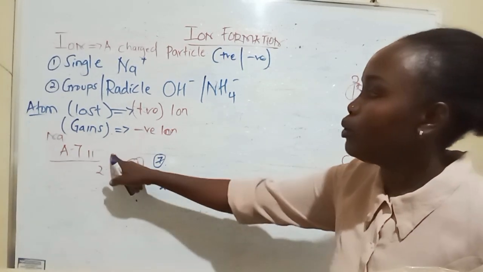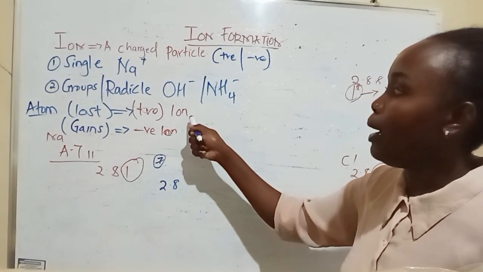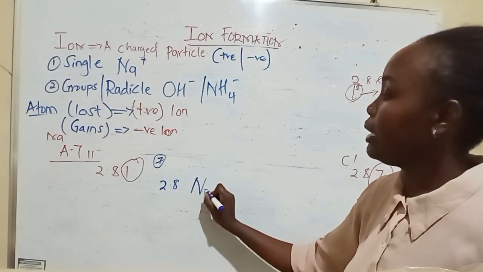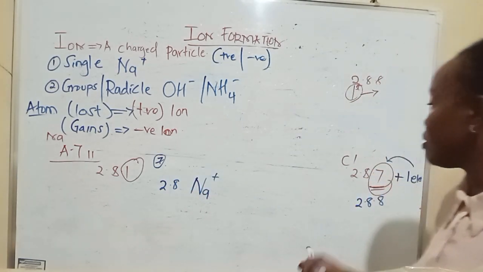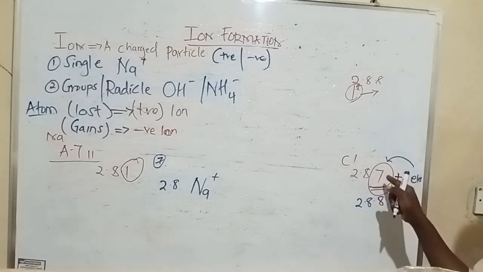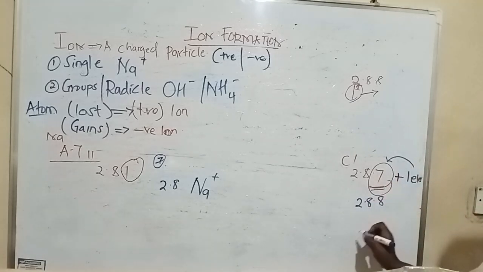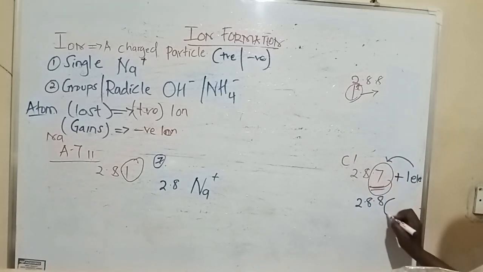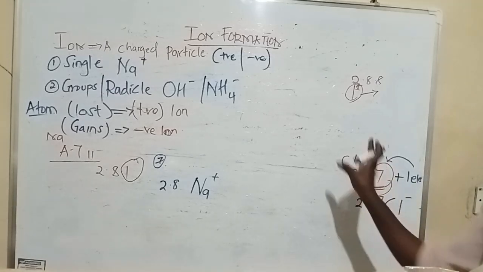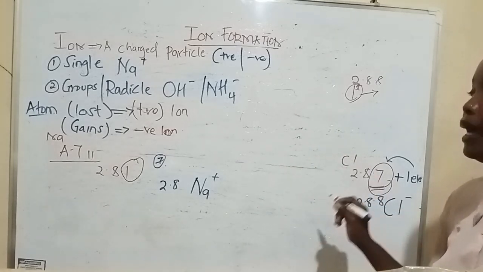We said if you lose an electron, you form a positive charge. So we are going to write our ion as Na positive. On the other side, the chlorine that gained one electron is going to have a negative charge, so we write the ion of chlorine as Cl negative. So that is how you form an ion.